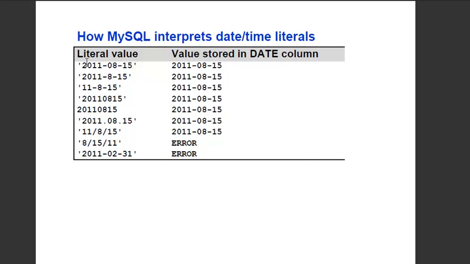So there is some latitude. For example, you can generate the date in this format, or that format. But there are also some values, obvious to some people, that will cause a problem.